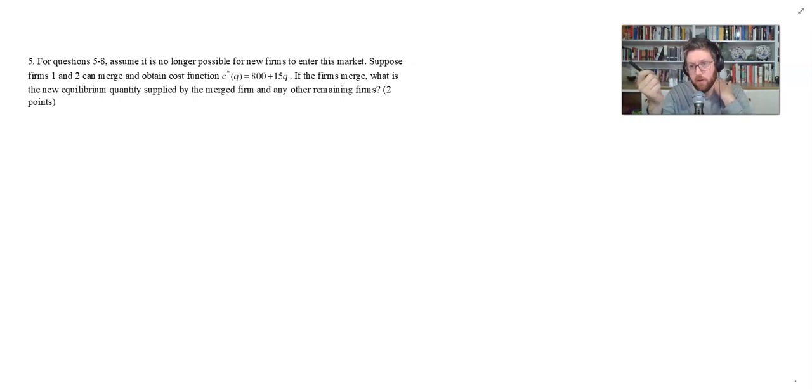So this is another Cournot game, but it's a harder one because now the firms have different cost structures. We did this last week, but fortunately there's only 2 firms this week. So I'm going to call the merged firm firm 1,2. To remind me, it used to be firms 1 and 2.